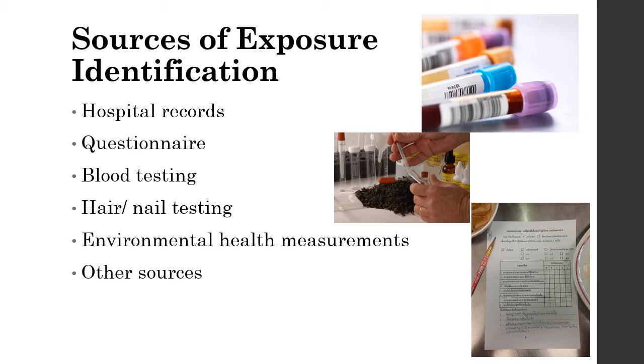So there will always be missing information. I was interested in family history, but not all the physicians were asking about family history of malignancies in those patients during their follow-up.